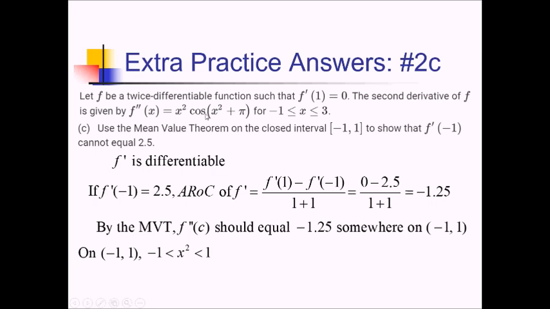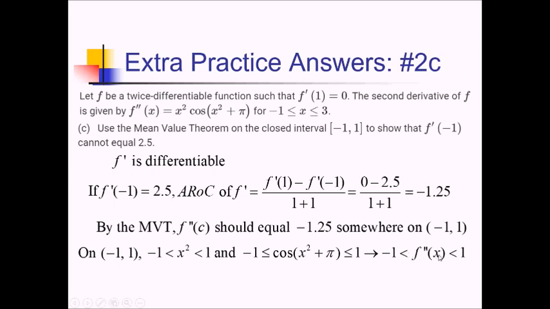Now, cosine, we know, always gives you back a number between -1 and 1, including -1 and 1, but it's going to be at most -1 and 1. So if you take a number that's between these two numbers and multiply it by another number that is at most 1 in any direction, you end up with a number that is between -1 and +1. So that's what f double prime has to be on this interval.